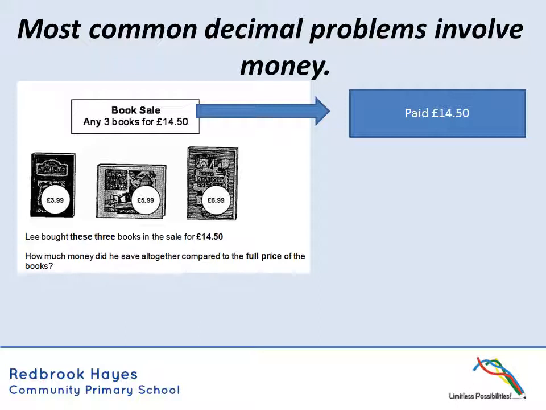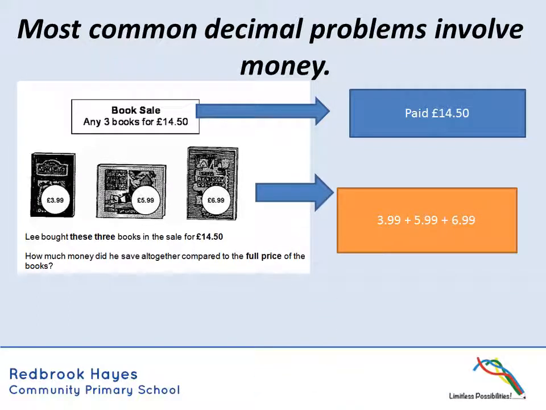That is the sale price, that's already done for us. And then to find what the full price would have been, we have to add those three book prices together. So £3.99, £5.99 and £6.99. And then we're going to find the difference between the two amounts. Now remember, when we find the difference between two amounts, we're going to be using our subtraction skills there.